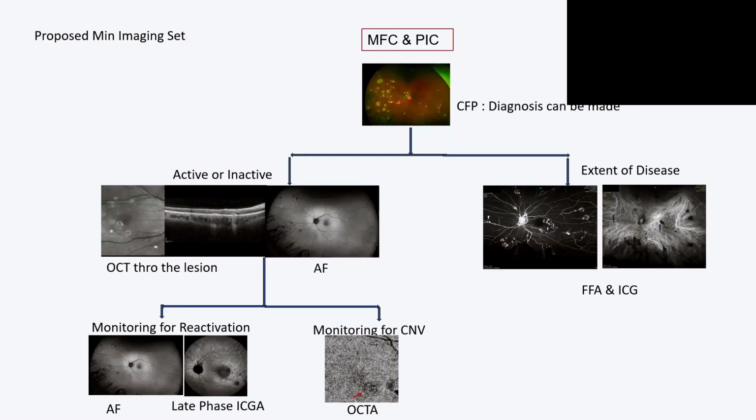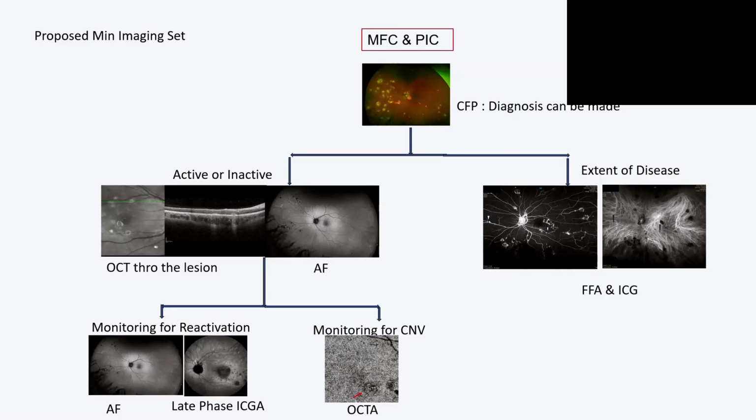You want to know whether the disease is active or not. You do OCT through the lesion. If you see the RPE which is fluffy, the disease is active. You can do autofluorescence: a hyperautofluorescent lesion means the disease is active.